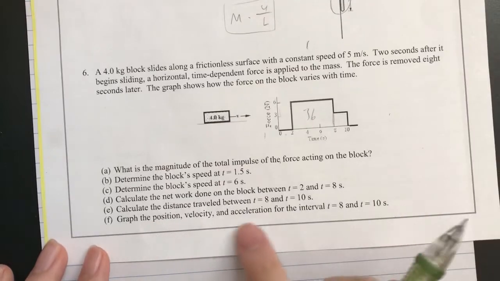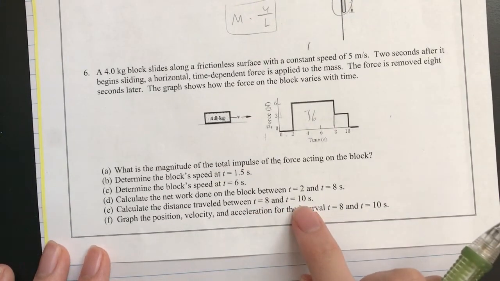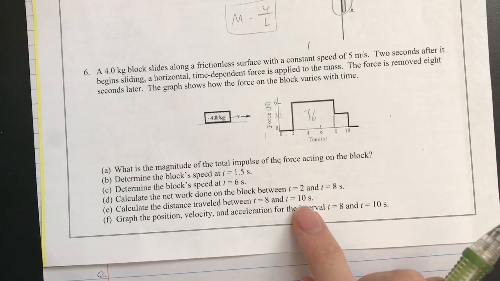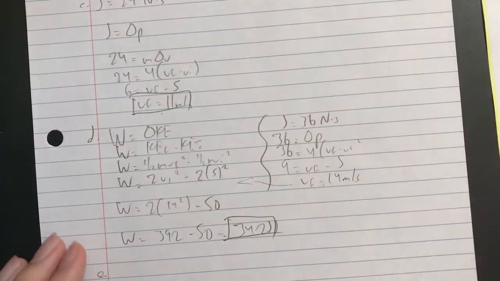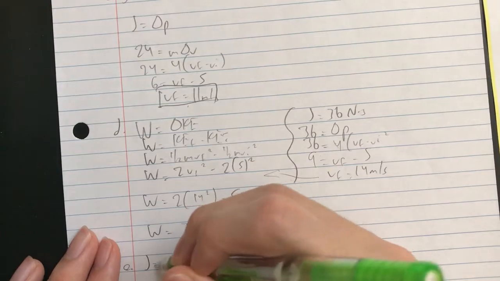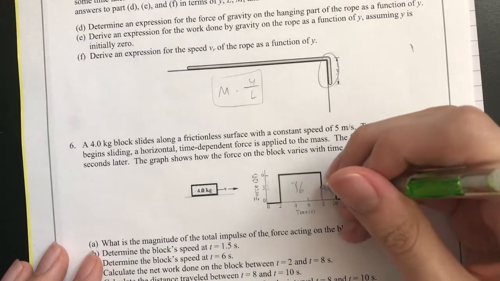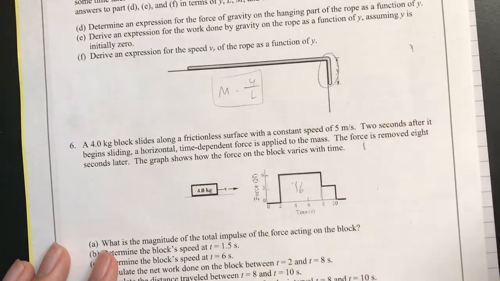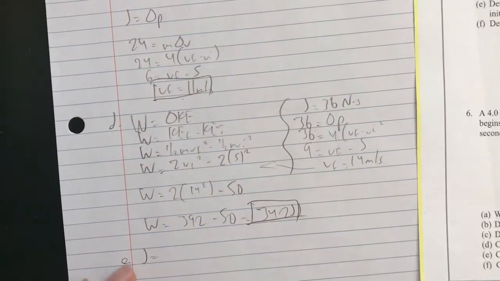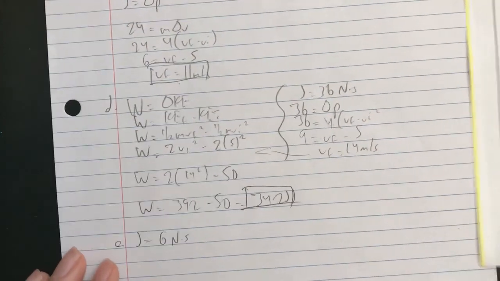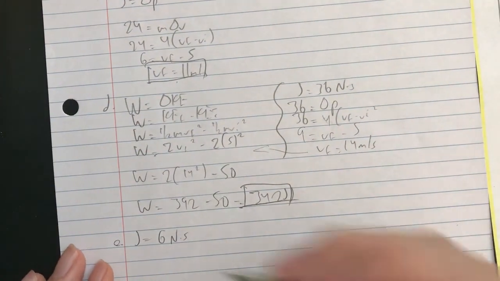Part E. Calculate the distance traveled between 8 and 10 seconds. So we will find the impulse from 8 to 10 seconds, which is height of 3, length of 2, that is 6. And we'll find the vf at 10 seconds.